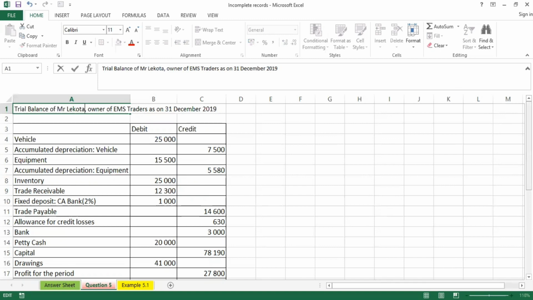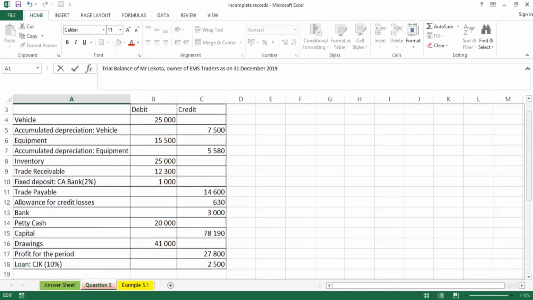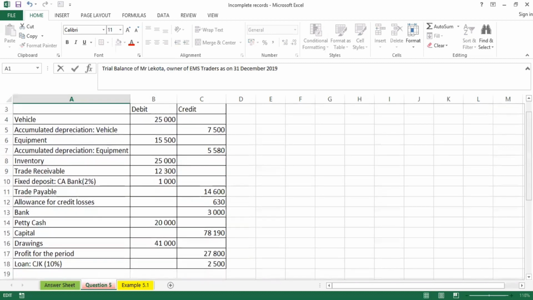This trial balance is all the information for Mr. Lekota's trading business as of 31st December 2019. All these amounts are amounts at the beginning of the financial period.